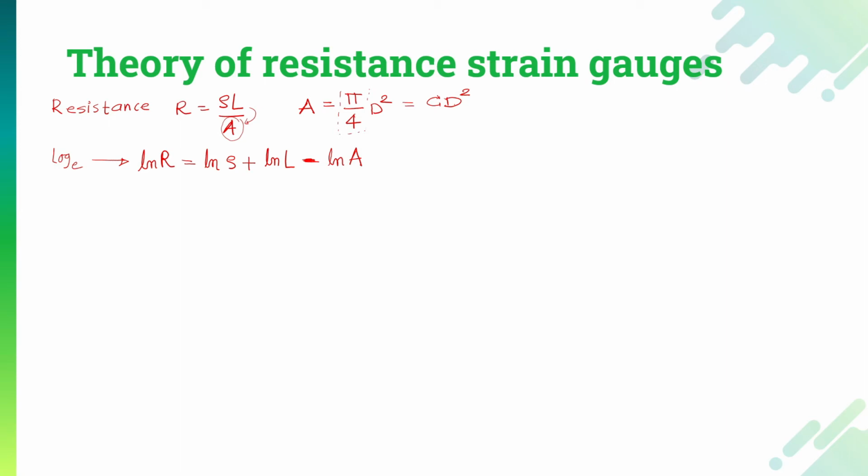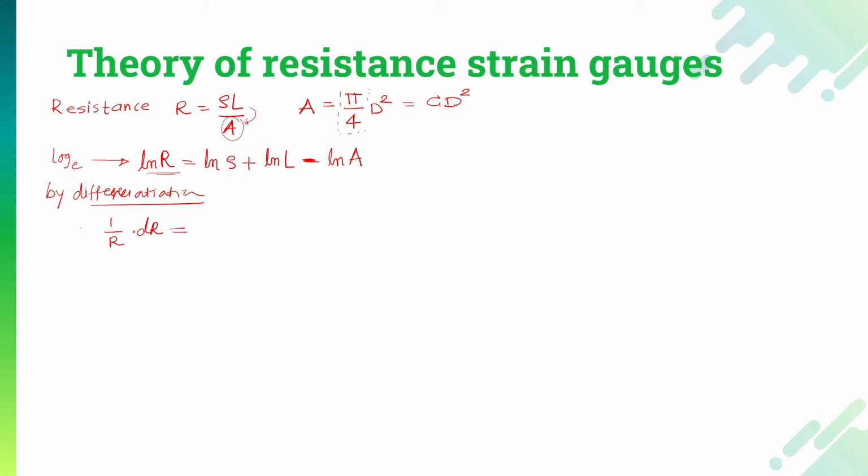Now second thing, we are going to differentiate the whole equation. So by differentiating, the differentiation of log base e of R will be 1 upon R multiplied by the differentiation of R once again.